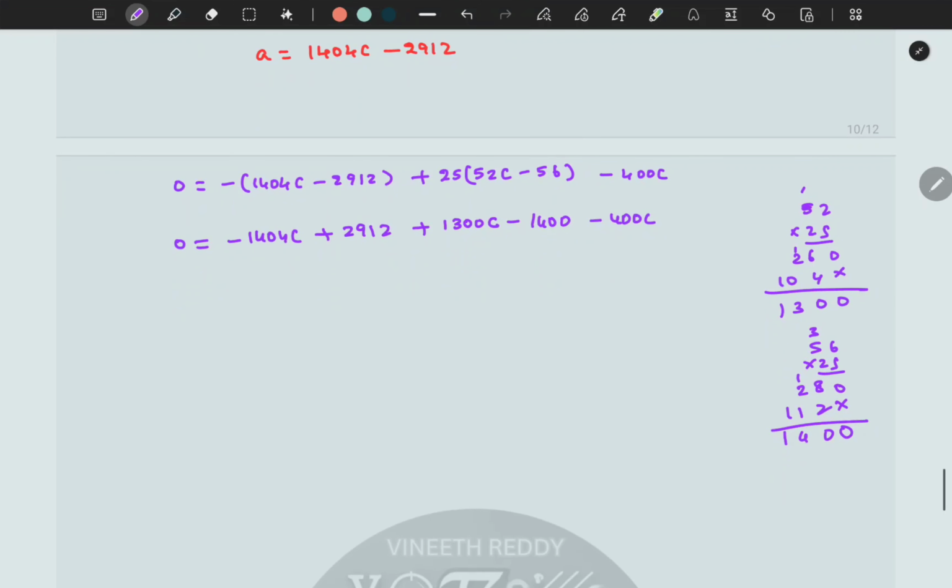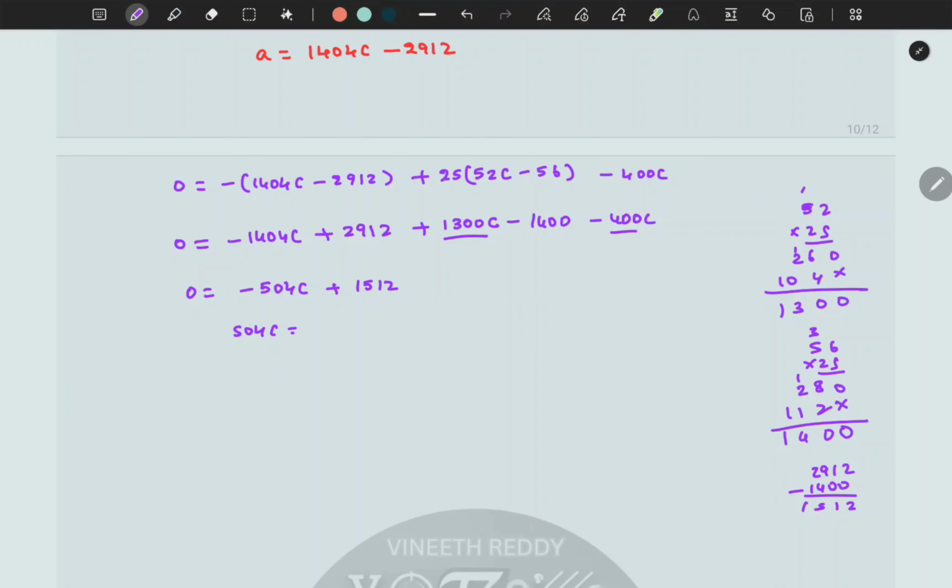Now how much is 1300 minus 400? It is 900, and 1404 minus 900 is minus 504. So we have minus 504c, and then we have 2912 minus 1400, which should be 1512.